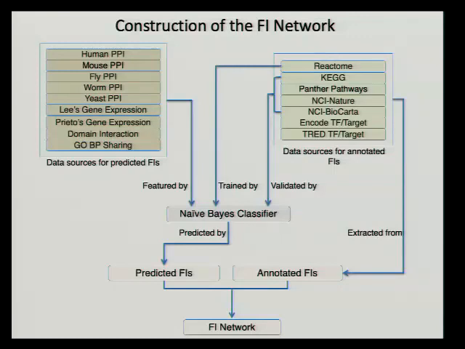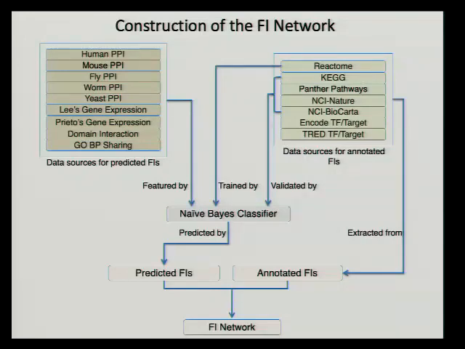So we developed this software pipeline. In addition to Reactome, we also extract functional relationships from KEGG, Panther pathway, NCI Nature pathway, NCI BioCarta, and we also manually include two TF target interaction data sets, to support the gene regulatory network. And we also use a very simple machine learning approach called a naive Bayesian classifier, to collect all these pairwise relationships.